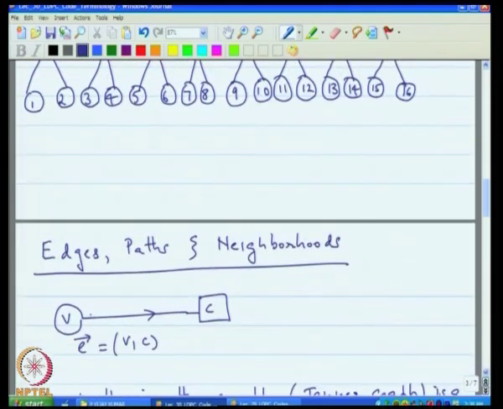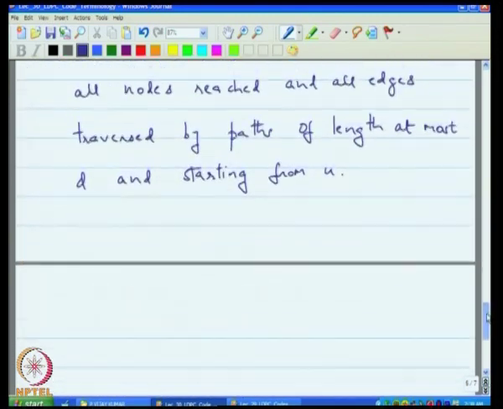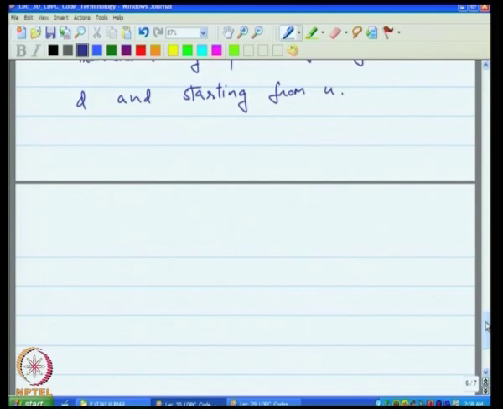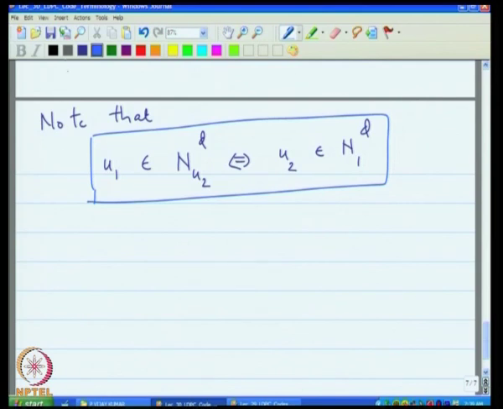All right. Then there is a simple claim at this point. Note that U1 belongs to N_U2^d if and only if U2 belongs to N_U1^d.